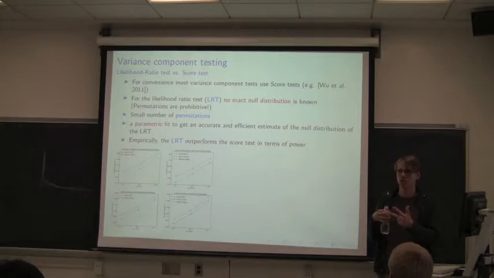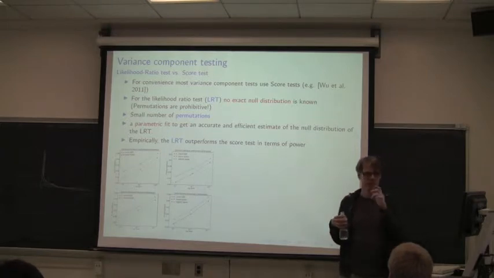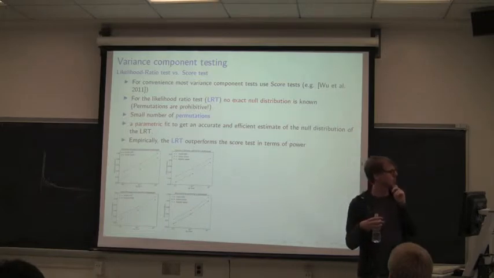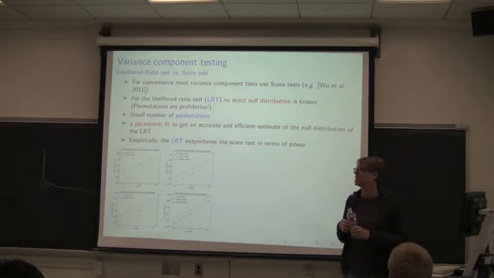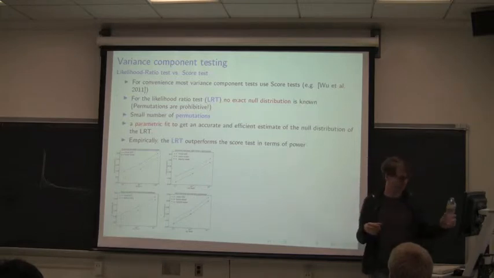The set test is just putting a significance test on top of this heritability estimation. And was that it? I think that was all the ones that we took. Okay.